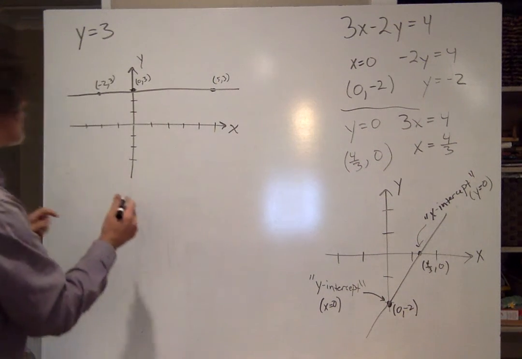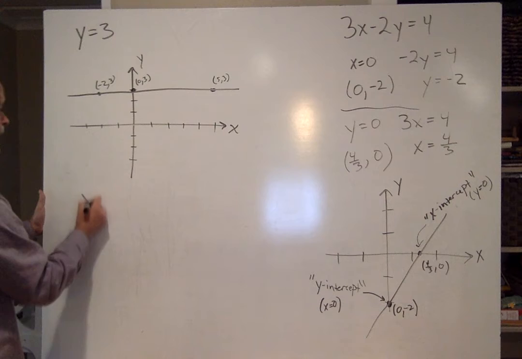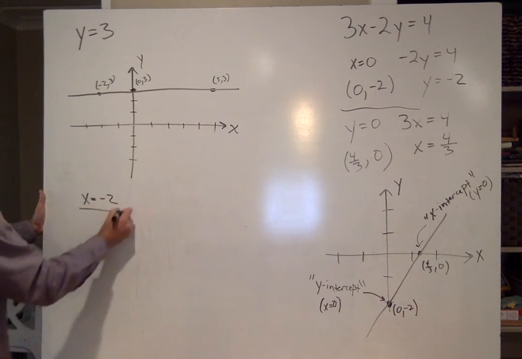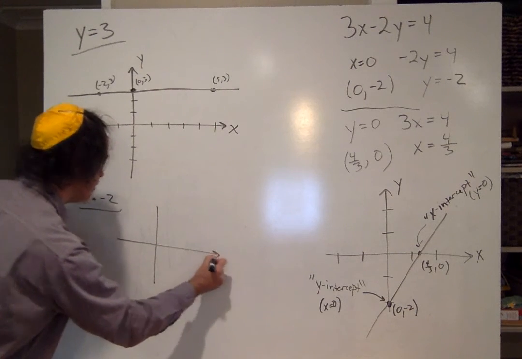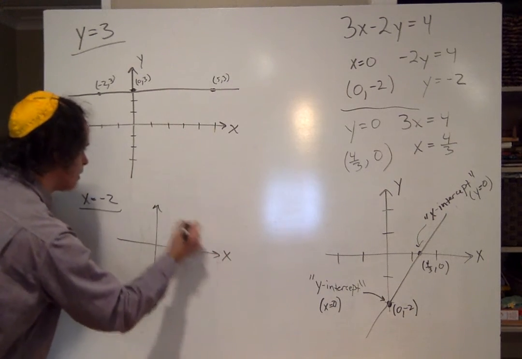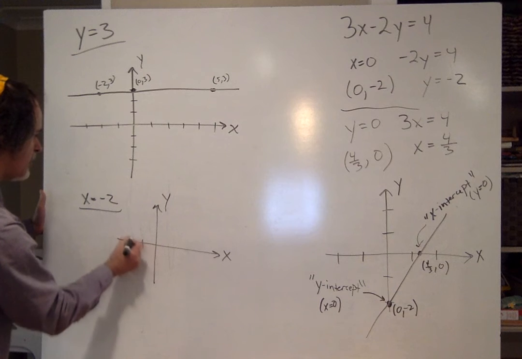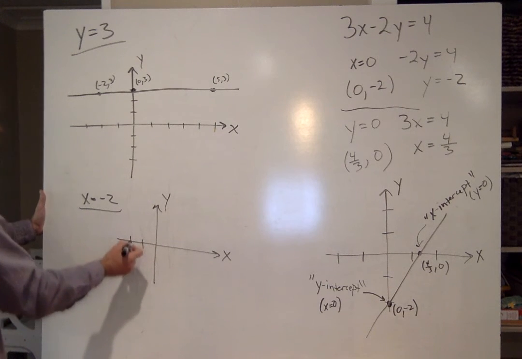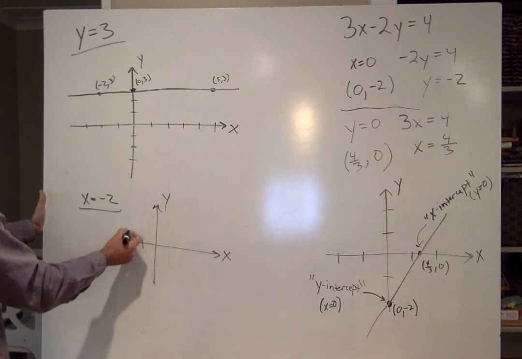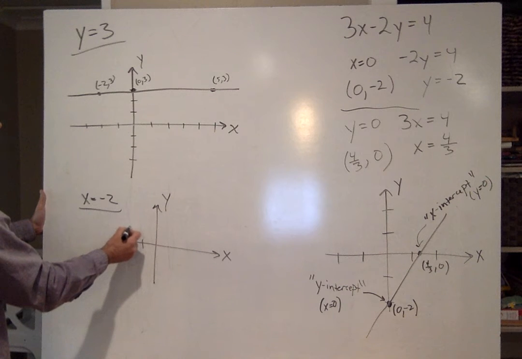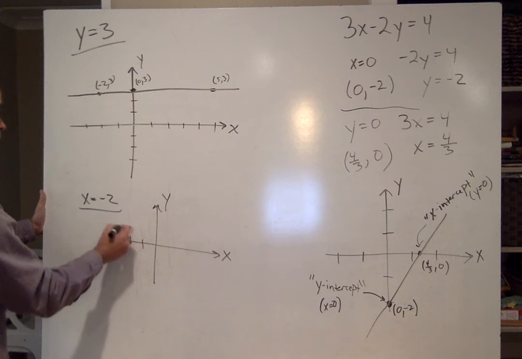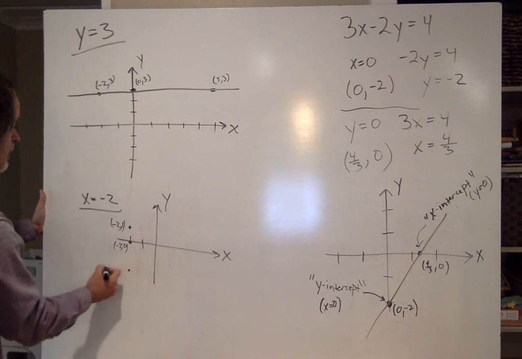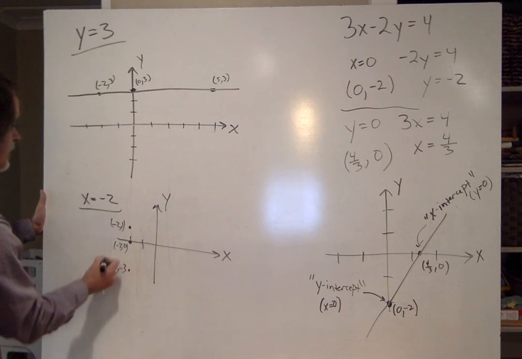And vice versa, if I have x equals minus 2, and I graph that, if x is minus 2, then y could be anything, right? If y is 1, here's the point minus 2 comma 0, minus 2 comma 1, minus 2 comma minus 3.